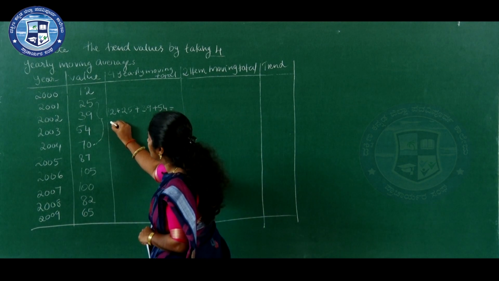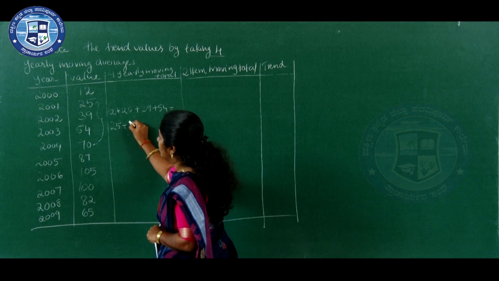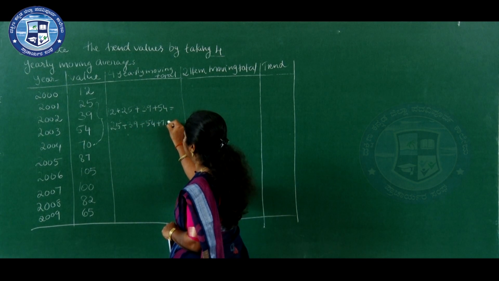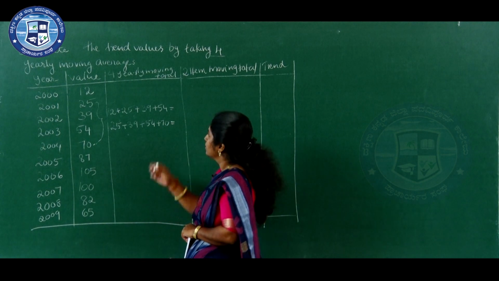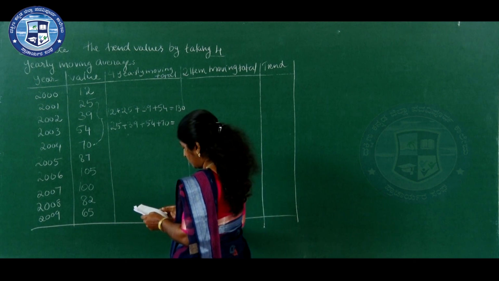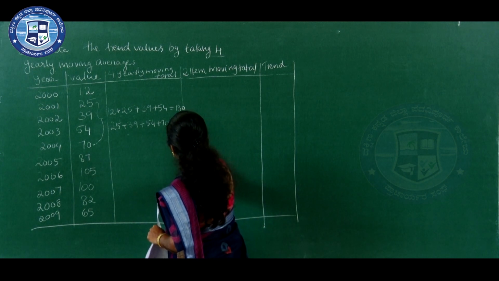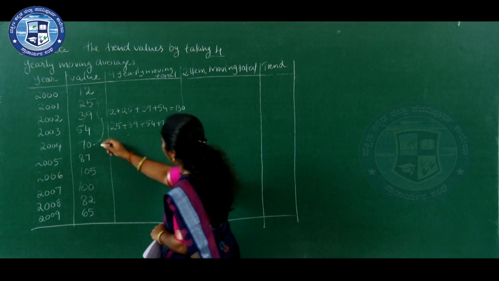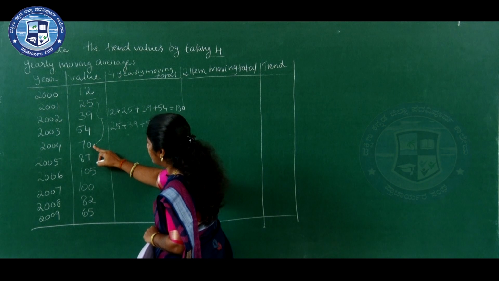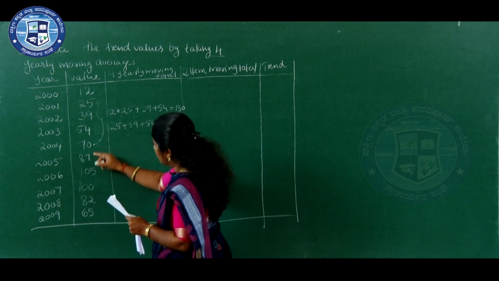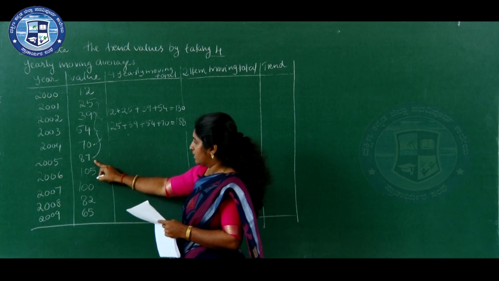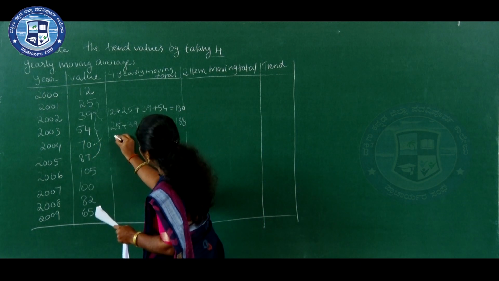So the answer is 130. Next, 188. Then add again 4 values, 39 plus 54 plus 70 plus 87. So your answer is 250.